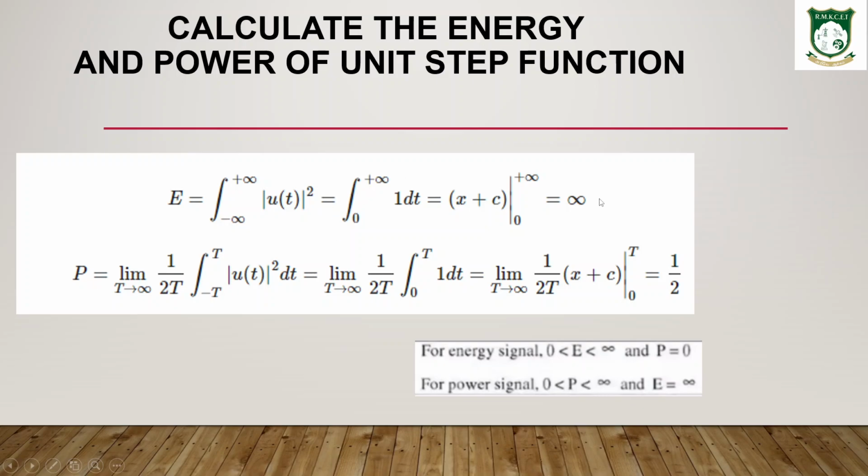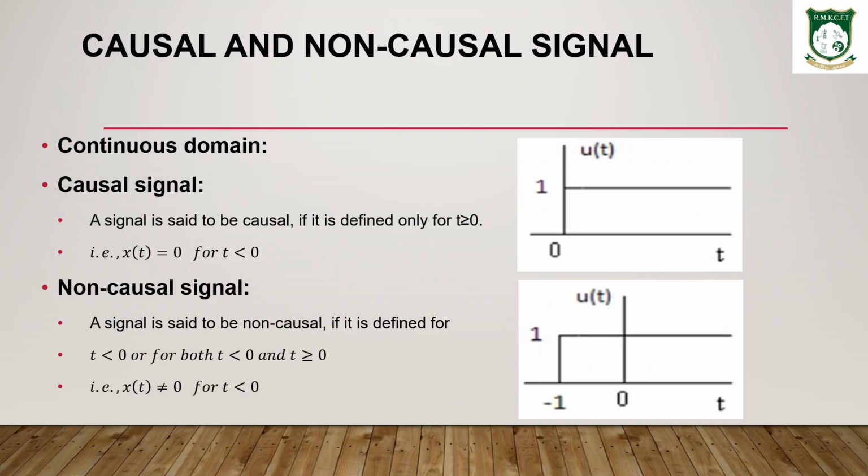So you will get energy as infinity and power as finite. P is finite, E is infinity, so it is a power signal. The unit step function is a power signal. Like this, for any kind of signal we can find out E and P values and we can classify whether it is an energy signal or a power signal.